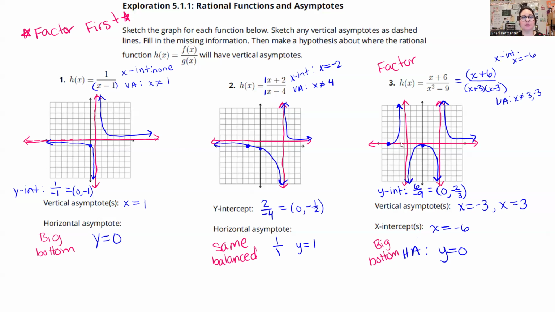Looking at my intercept, it comes from the top. This is not a squared factor, so that means that it has to leave that intercept and go in the opposite direction. If this was a squared factor up here, then we would bounce off the x-axis and continue up. It's not squared, so we're going to go through and go down, but still travel right along with that horizontal asymptote.